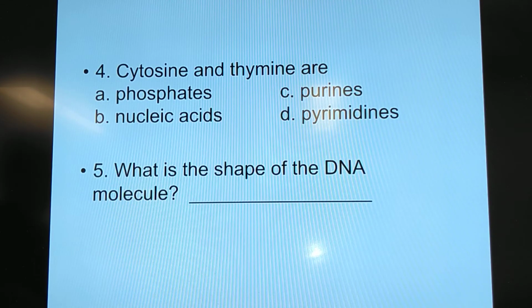Cytosine and thymine are... What is the shape of the DNA molecule? That would be the double helix.